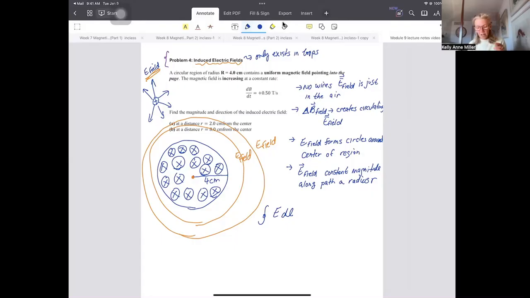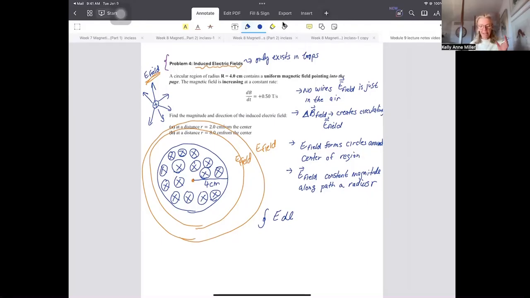Now we're going to draw these Amperian loops in the space surrounding the magnetic field as a way of finding out what the electric field is at the various points of interest.